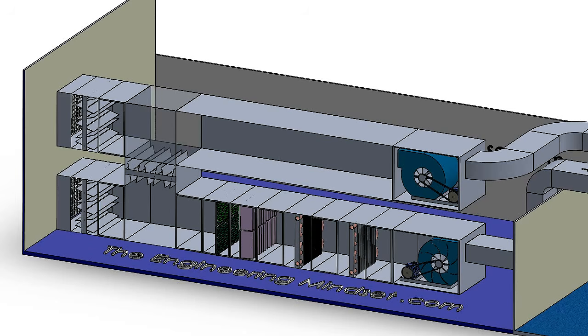So I've taken the sides off of this AHU, and now you can see some of the components inside. And remember, we've got the supply side down the bottom here and the return side at the top here. And from this you can see it's a fairly typical example of a typical office supply, and that is that we've got the supply coming in.